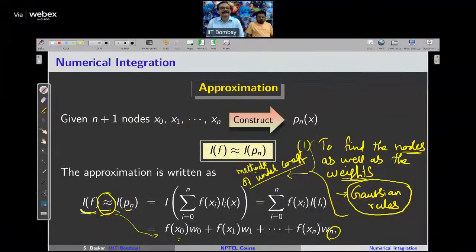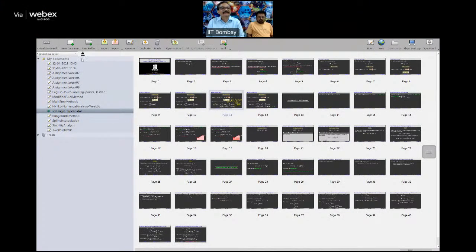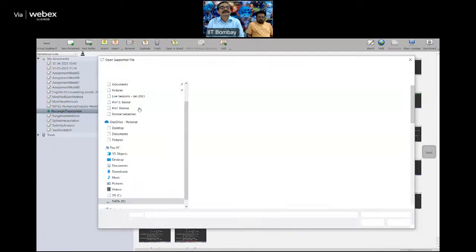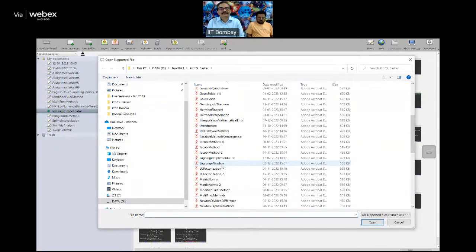I think we have done in the class for f double dash. Let me again share the screen and see what we did in the class, and then I will tell you.